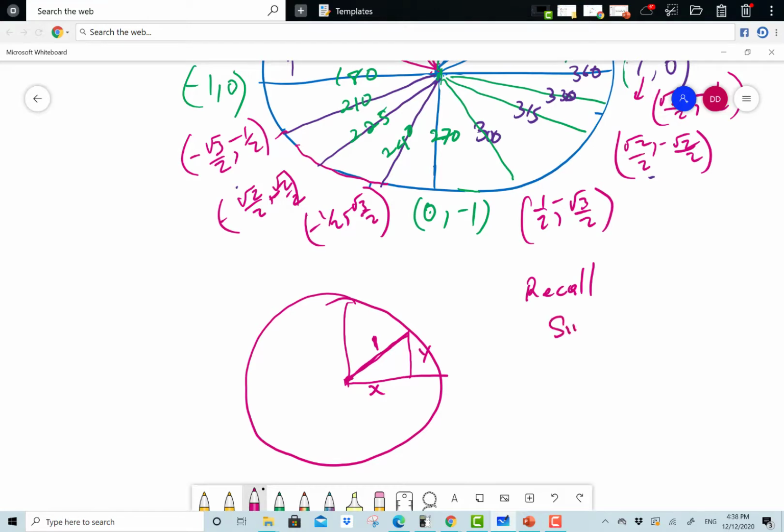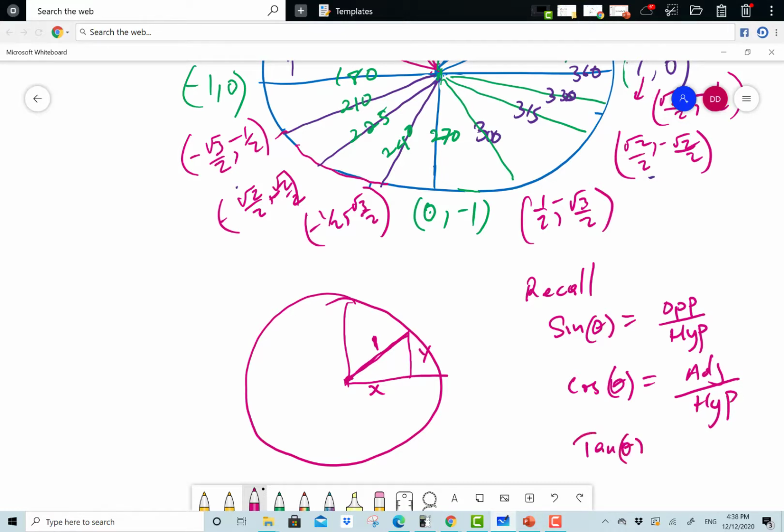Now if I recall, I know that sine theta is going to be opposite over hypotenuse, if you guys remember this. Cos theta is going to be my adjacent over my hypotenuse, and tan theta is going to be opposite over adjacent.